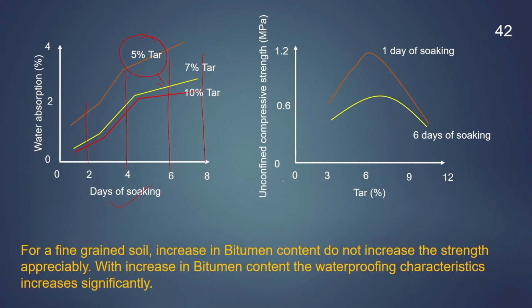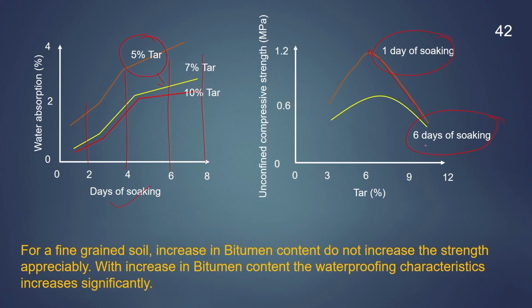Similarly, if we compare the unconfined compressive strength, we could see that with an increase in the tar content, the unconfined compressive strength of the soil will keep on increasing, but after reaching a certain value, it will start to decrease. A similar kind of behavior can be seen irrespective of the days of soaking.